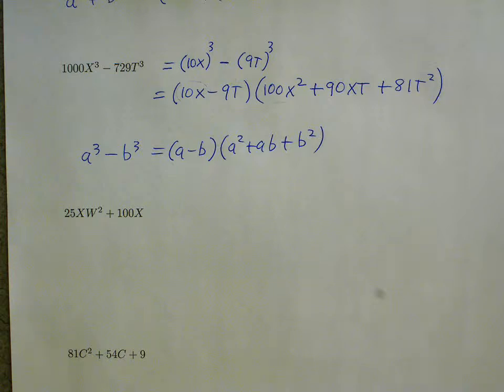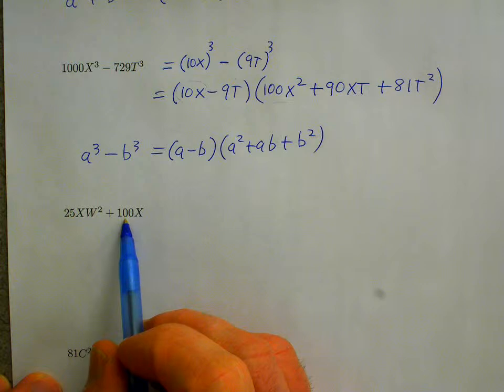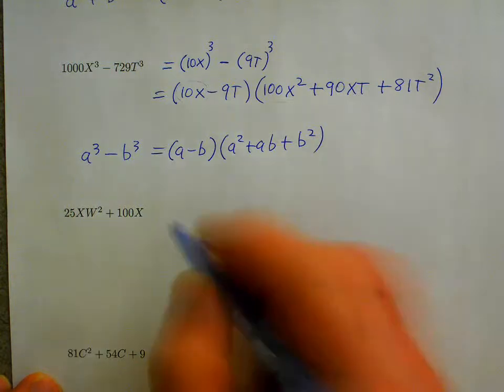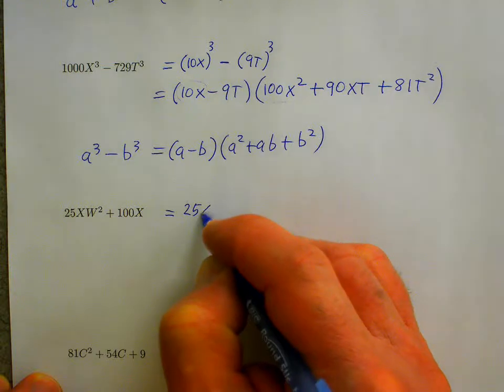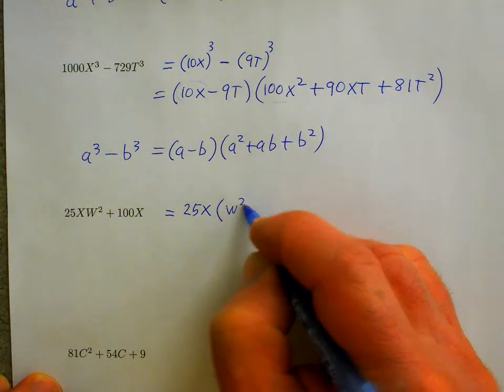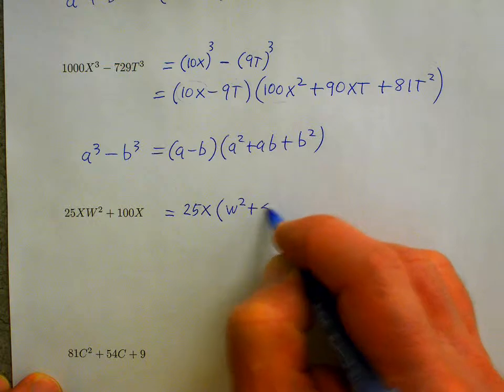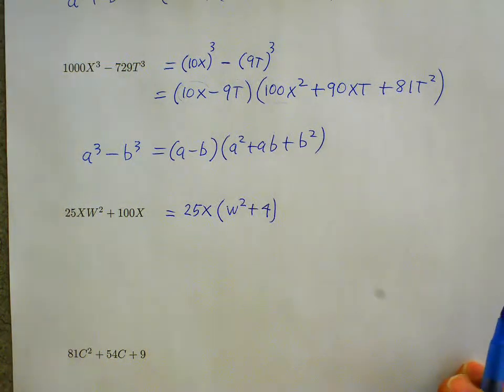Yeah, 25x. 25 goes into 100 4 times, and both have x. So we factor the greatest common factor out first, 25x, and then w to the second plus 4, because 25x times 4 is 100x. And then what?